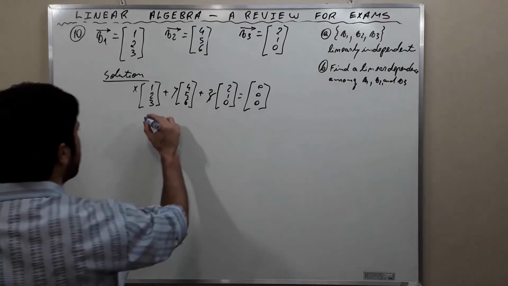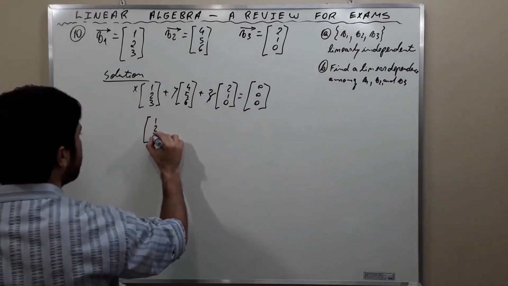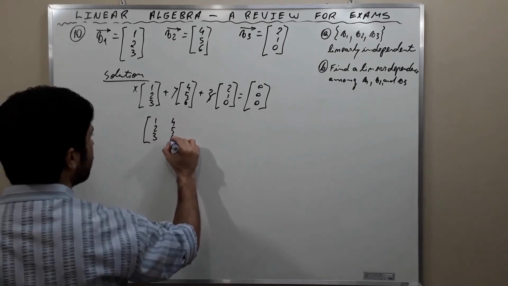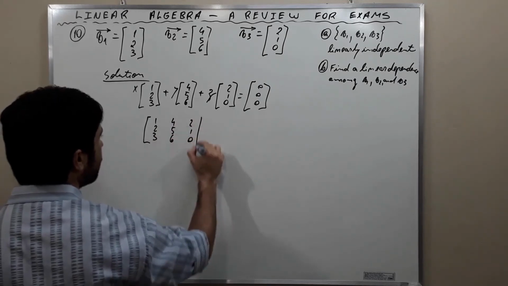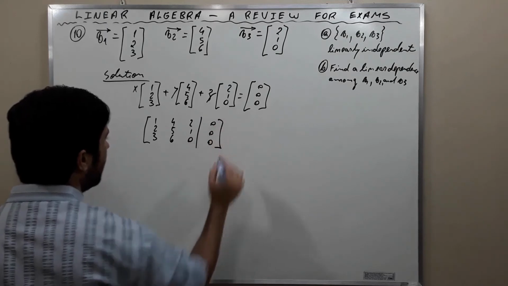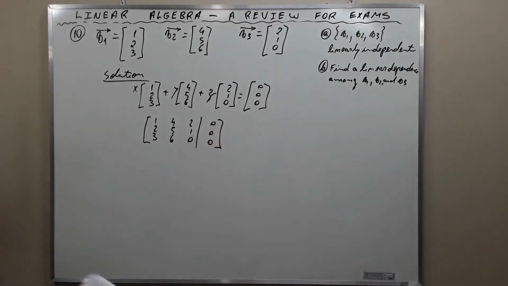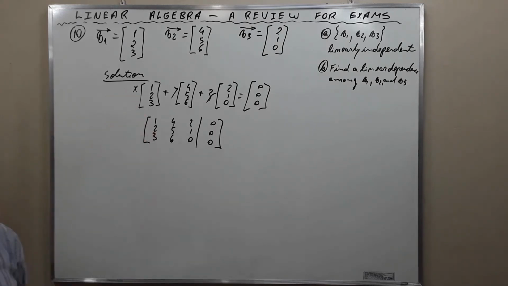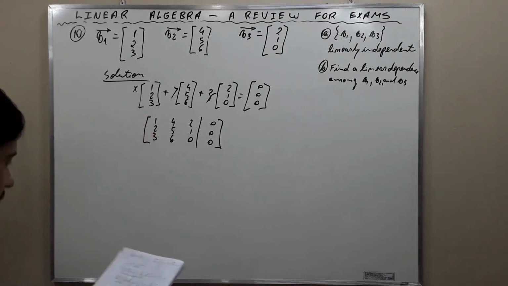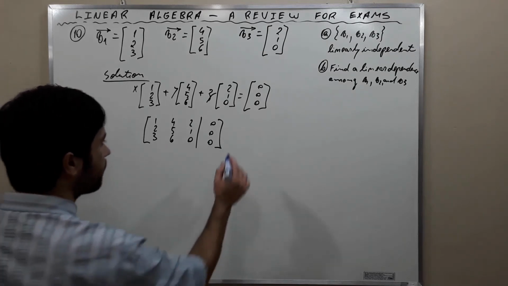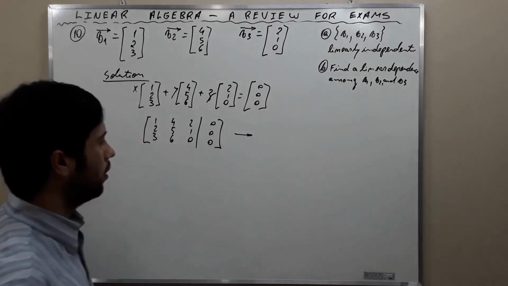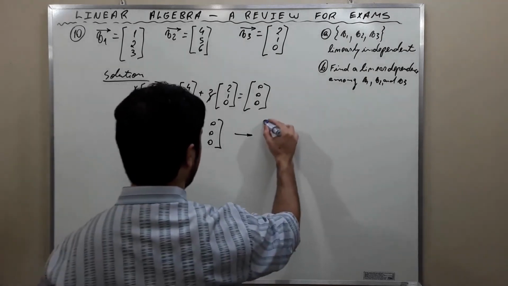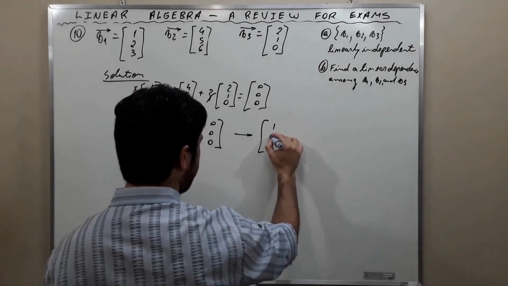The augmented matrix will be this, and we will operate on the rows of this augmented matrix. And we can add, subtract the rows, and after doing this, we discover this augmented matrix here.